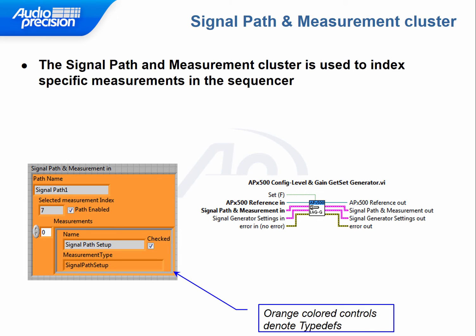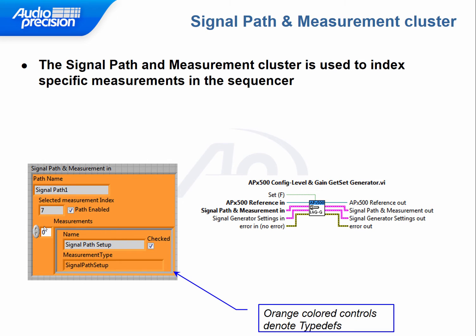So in the previous example I pointed out the signal path and measurement cluster, and this is a cluster that we use to index specific measurements in the sequencer. You'll notice that the cluster has a signal path name, so there would be one for every signal path.